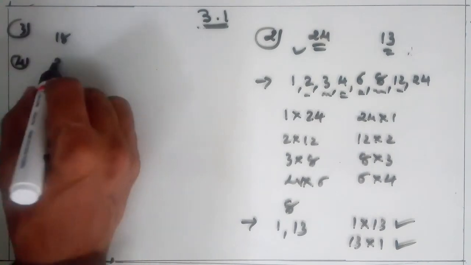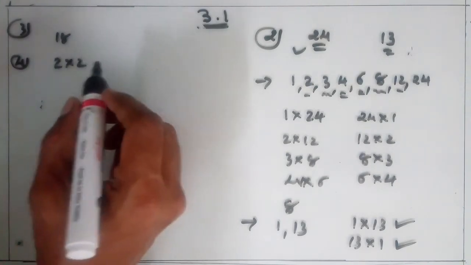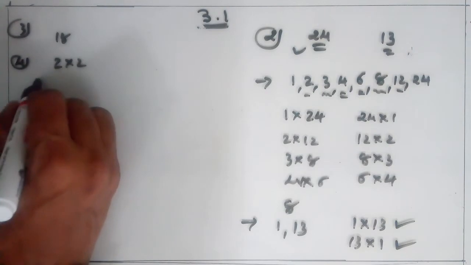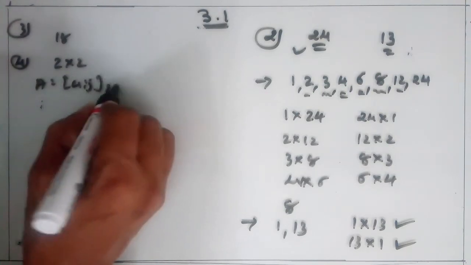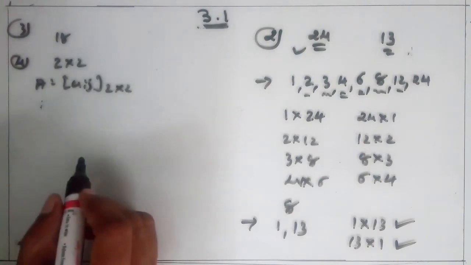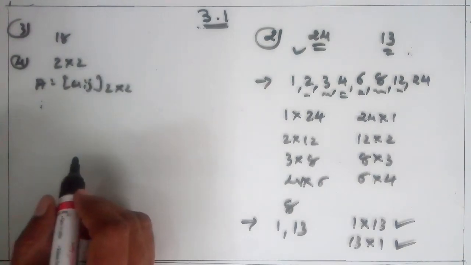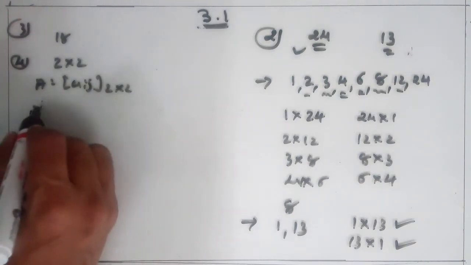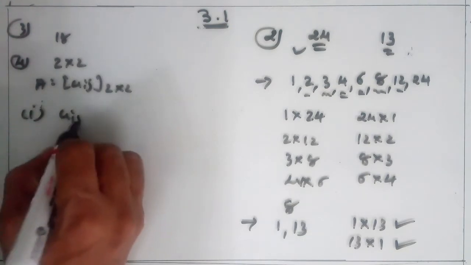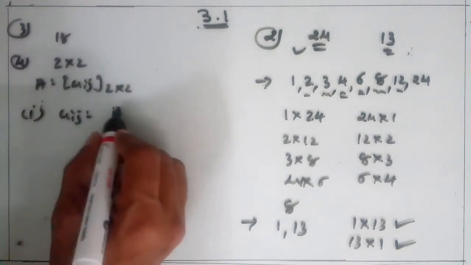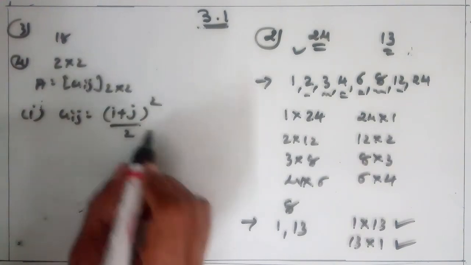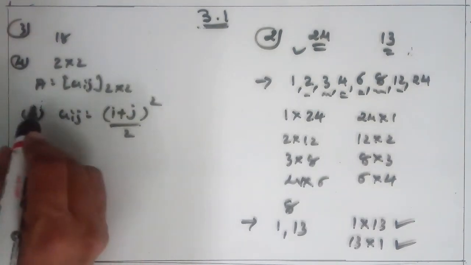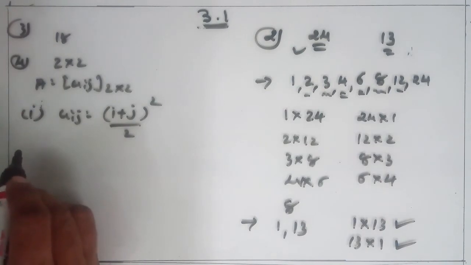Construct a 2 cross 2 matrix A is equal to Aij, 2 cross 2, whose elements are given by number 1: Aij is equal to (i plus j) raised to 2 upon 2. First we think about this matrix.